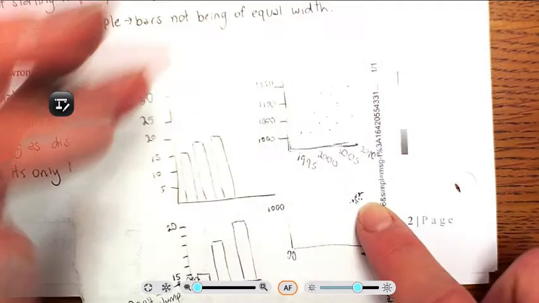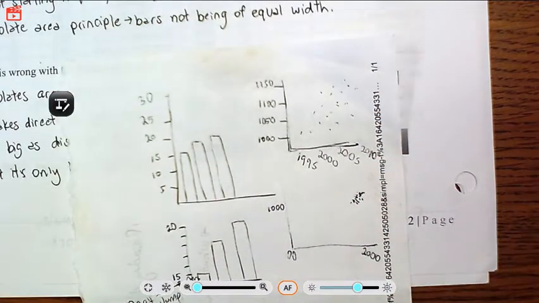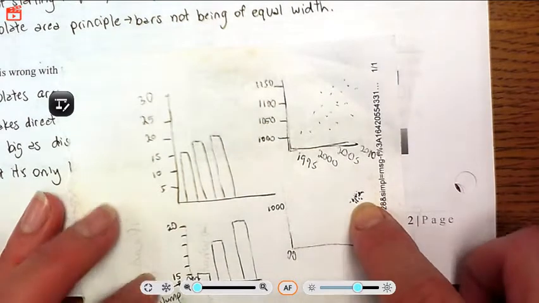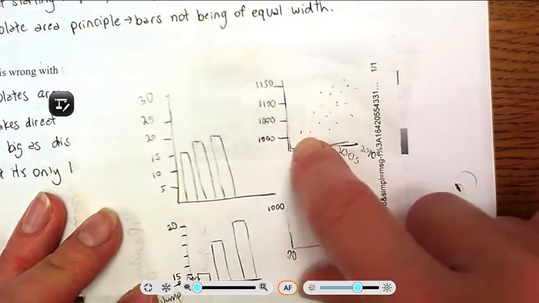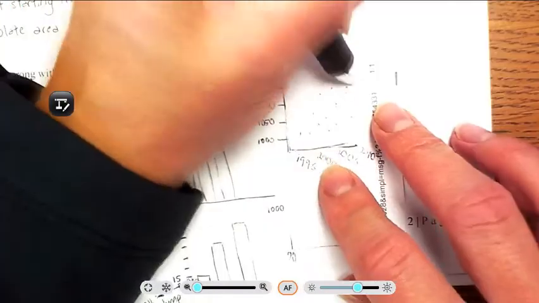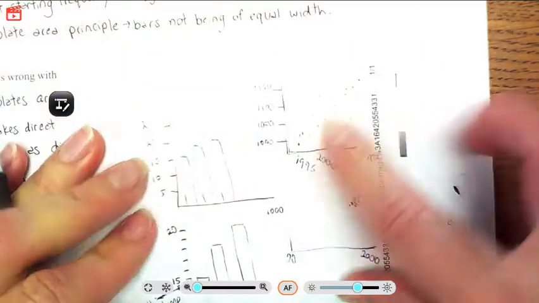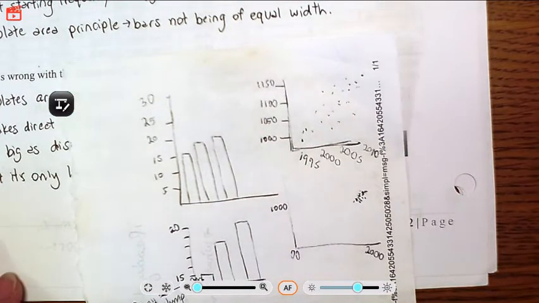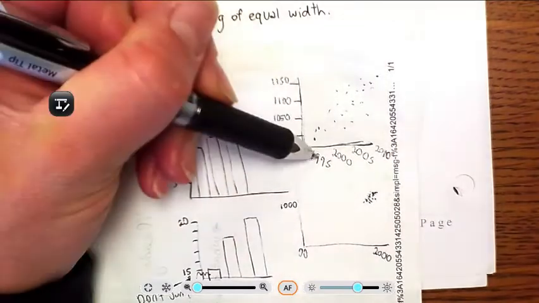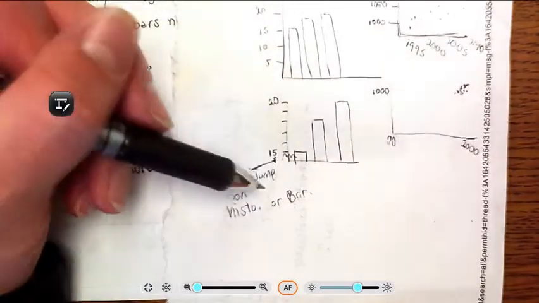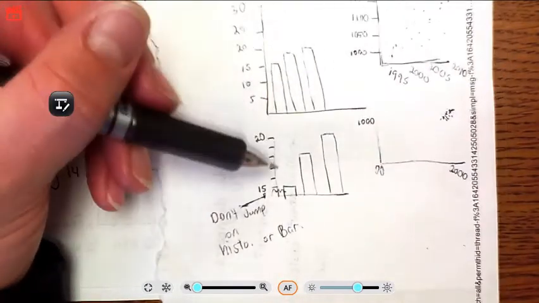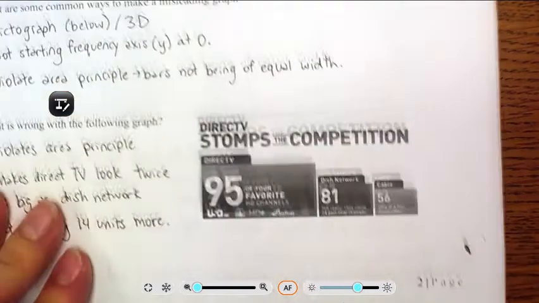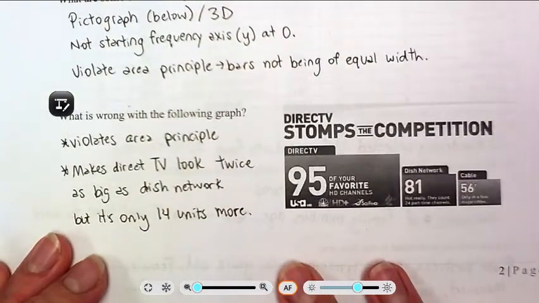Because if we're zoomed out enough, this might just look like a little ball of points. But if we're zoomed in enough, we can start to depict maybe some sort of linear trend here, okay? If not a strong linear trend, then maybe a moderately strong or moderately weak linear trend. So anyway, scatter plots, go ahead and zoom in. These bar charts don't make that jump. Okay? All right. Very good.